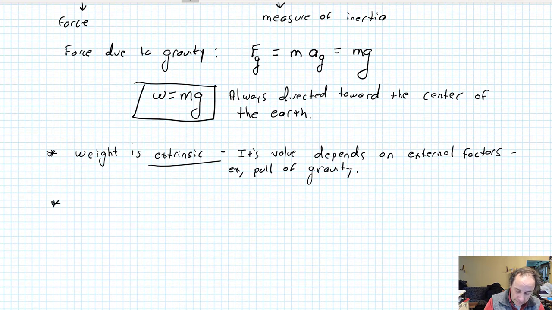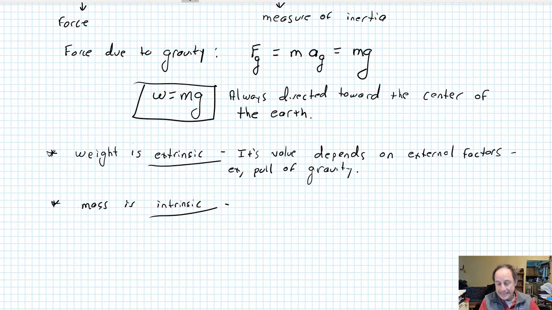Mass is intrinsic, internal. It is not dependent on external forces or external circumstances. So its value is independent of external factors.